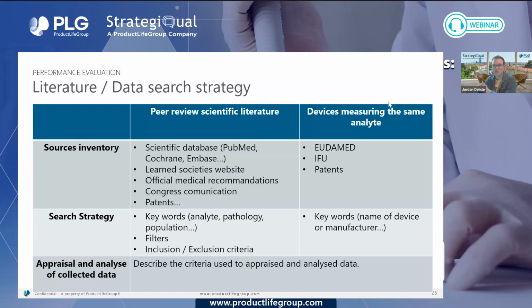You can also potentially use the data you will find in the instructions for use of other manufacturers' devices, or look at the patent data for these devices. In the same way as for bibliographic research, you'll need to explain the applied research strategy and then analyze the relevance of the information collected.